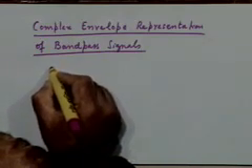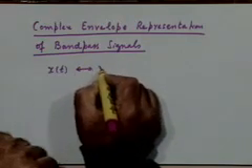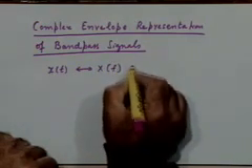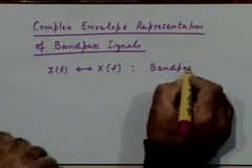So let's start with a signal x(t) such that its Fourier transform X(f) corresponds to a bandpass spectrum.